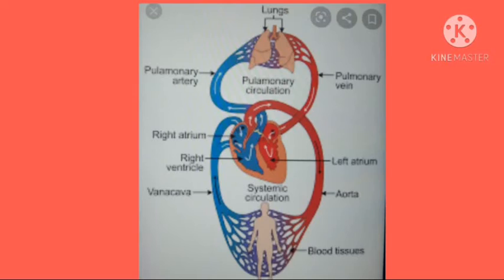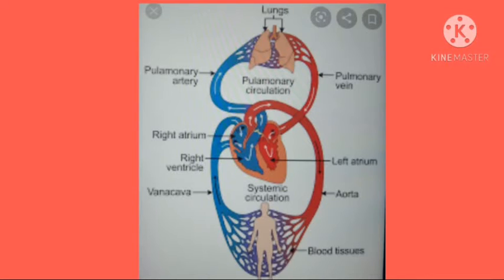The right part of the heart always contains deoxygenated blood, and the left part contains oxygenated blood. And students, what is meant by double circulation? At first the blood flows from the right side of the heart to the lungs and then returns to the left side of the heart. This is called pulmonary circulation.